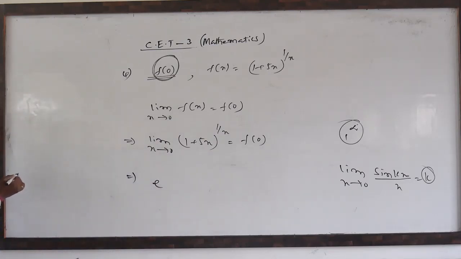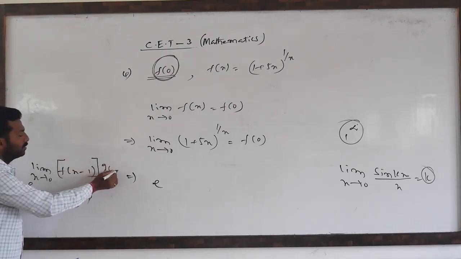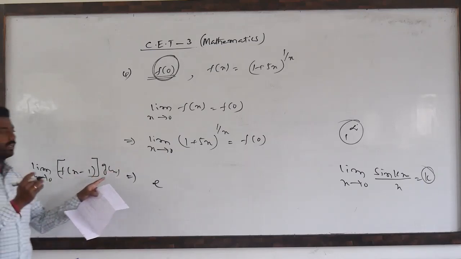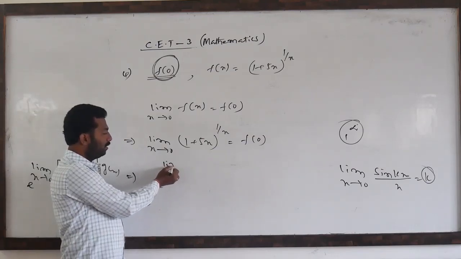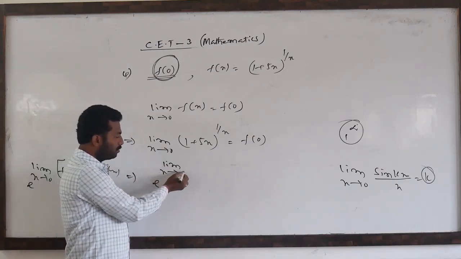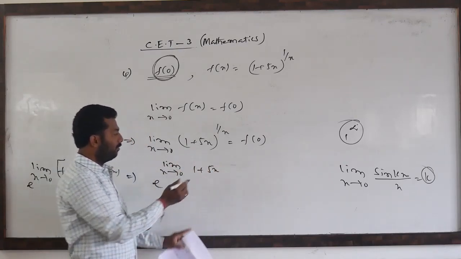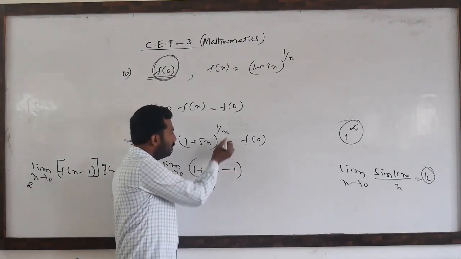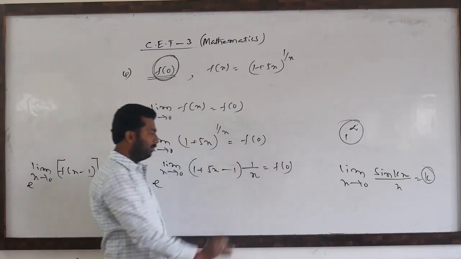When it is f of x power g of x, it becomes e to the power limit x tends to 0 of f of x minus 1 into g of x, where g of x is 1 by x, equal to f of 0.